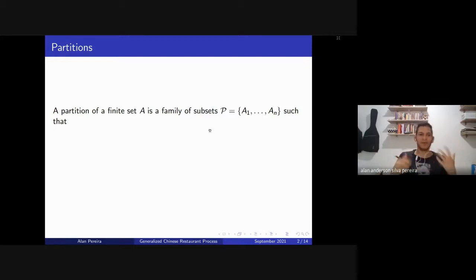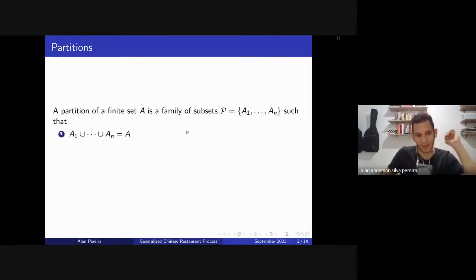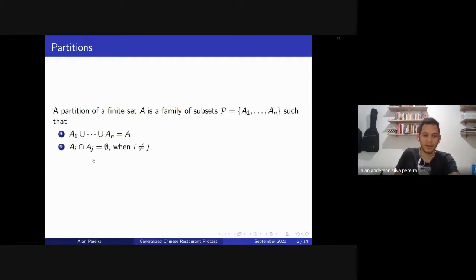First of all, let us remember what a partition is. A partition of a set is a family of subsets. We take A and literally split it into parts. So P, the partition, is a family of subsets of A. This means that the union A1 through AN is A, and the intersection of each pair of parts has to be empty.